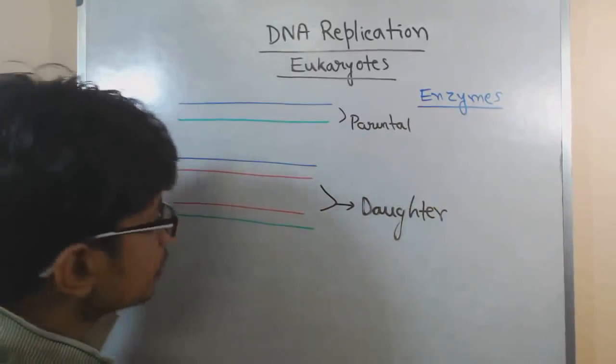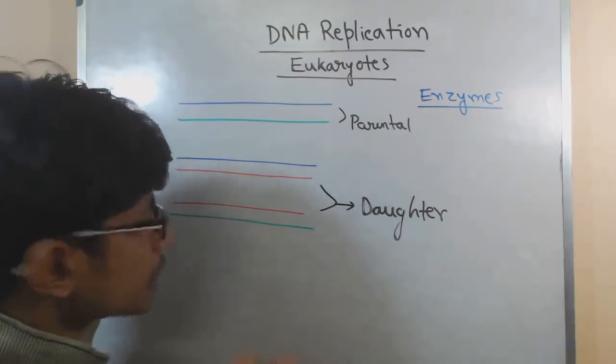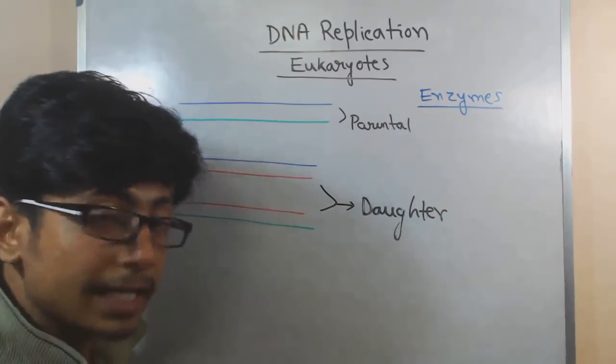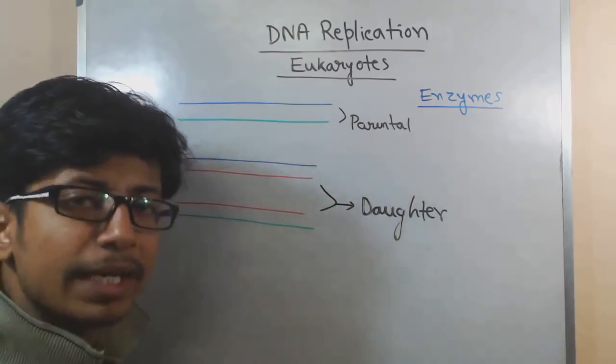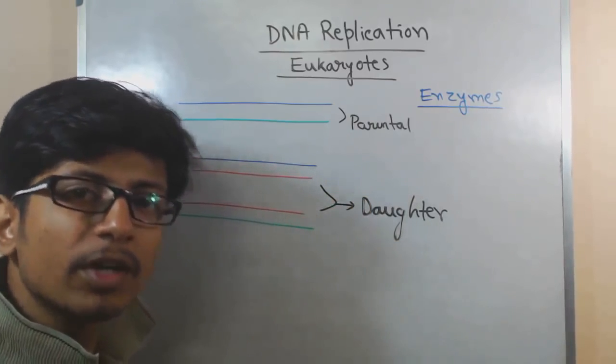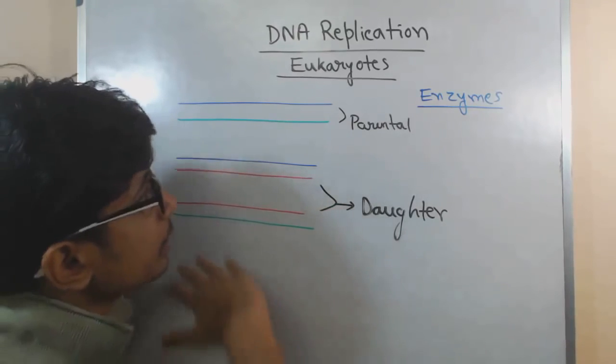That's how the new DNA strands are produced. This is the idea. This model, in which new strands are synthesized using the old strand as a template, is called the semi-conservative model of DNA replication, and it is true for all DNA replication in prokaryotes as well as in eukaryotes.